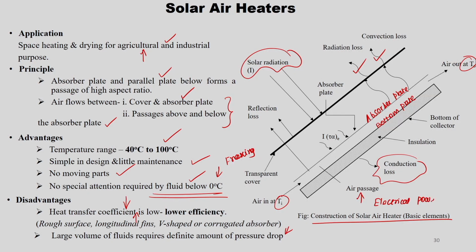The more pressure drop happens inside, the more electrical power you draw to flow the air between the absorber plate and bottom plate. So, basically when you are passing the air, you require more power if you are not maintaining your pressure drop at a particular level.